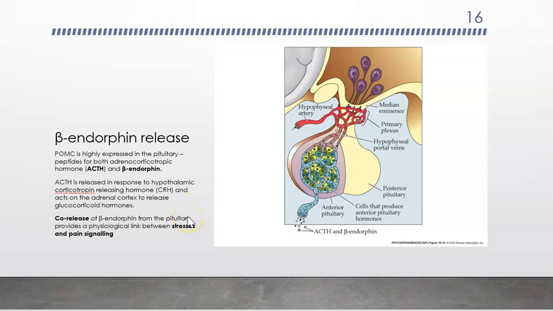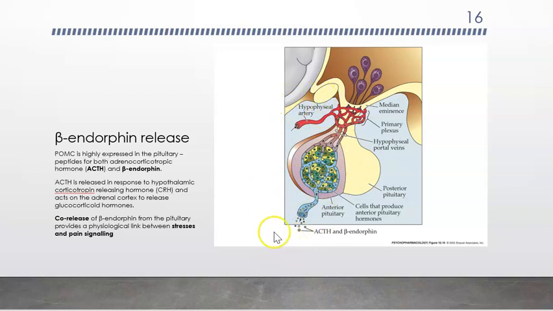Now, ACTH is released in response to hypothalamic corticotropin releasing hormone, or CRH, and acts on the adrenal cortex to release glucocorticoid hormones. Okay, so from the anterior pituitary, we get the release of ACTH.